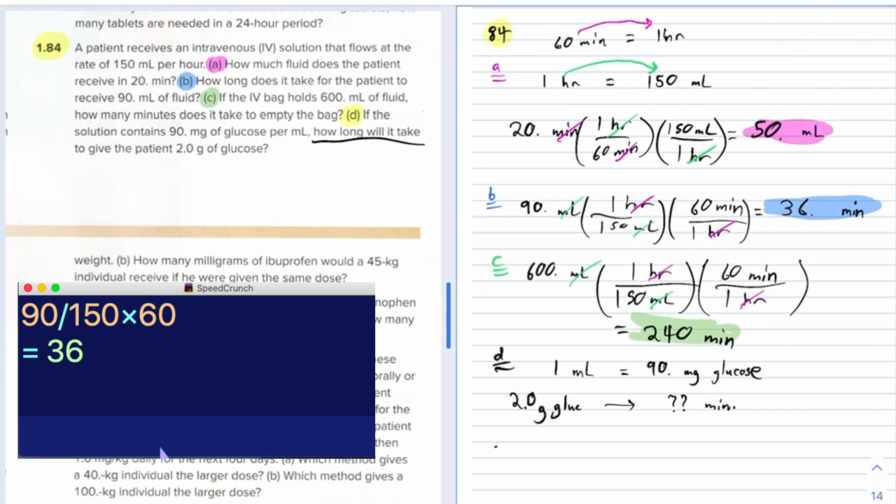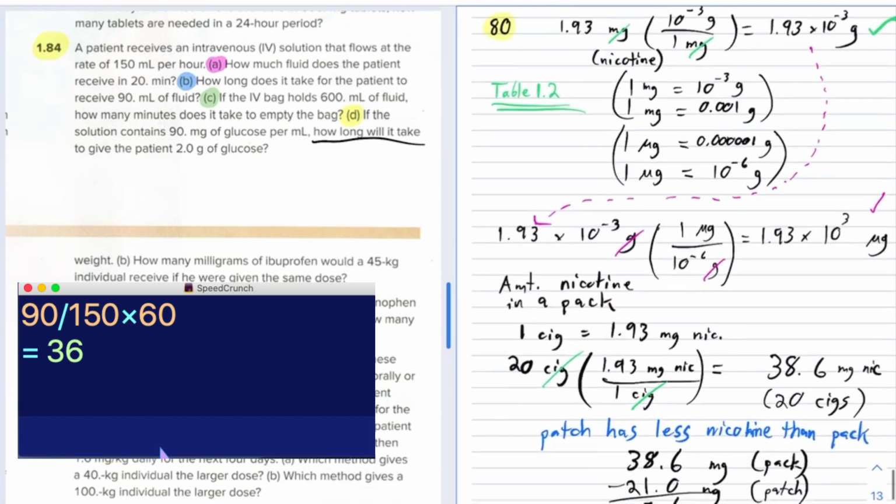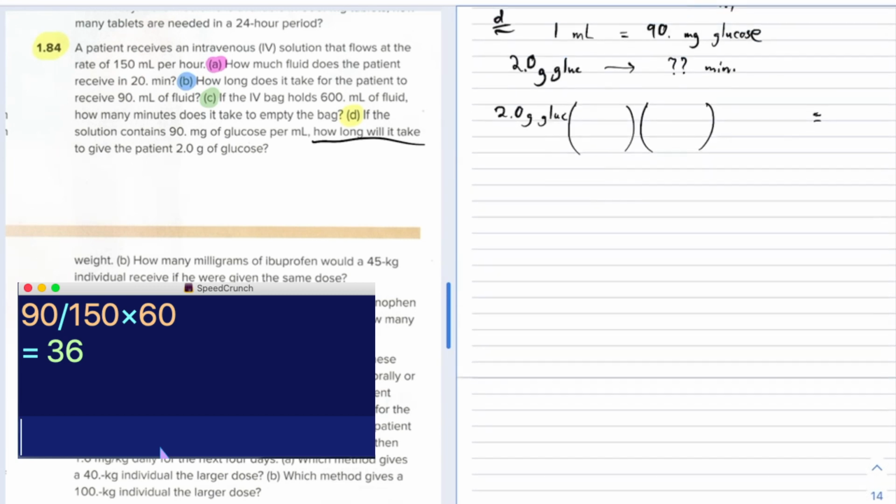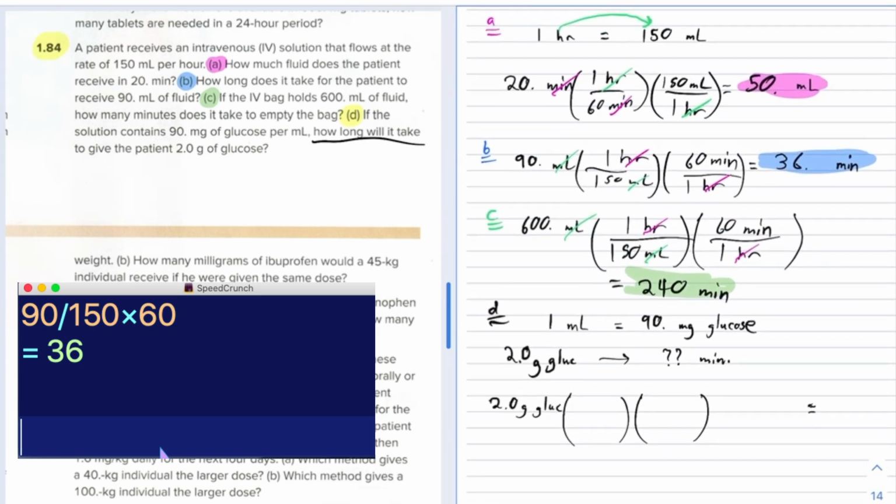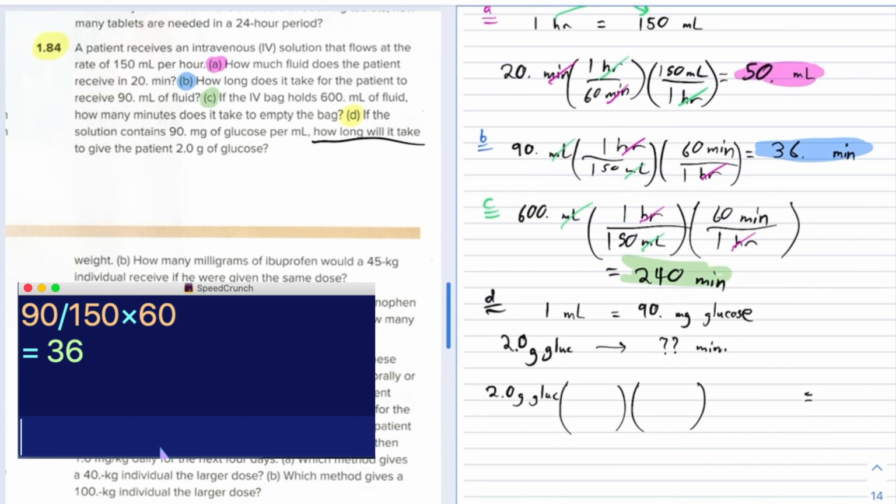The way I would do this, I would start with the 2 grams of glucose, and see if I can get all the way over to minutes. Whoops, get back here. Okay, so where can we go? We're starting with 2 grams of glucose.